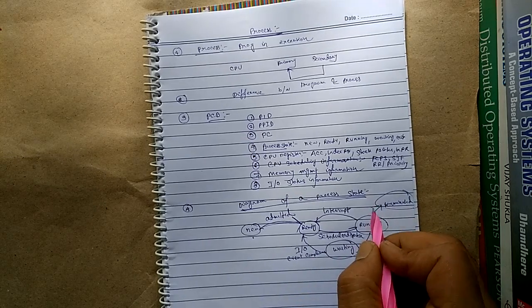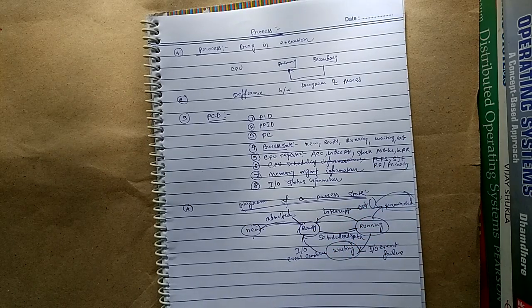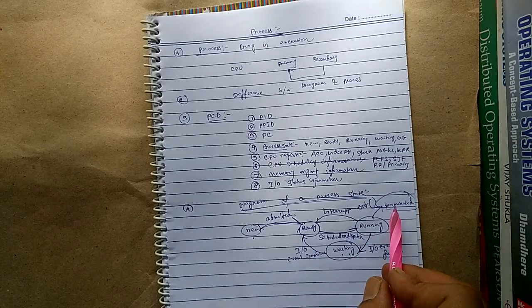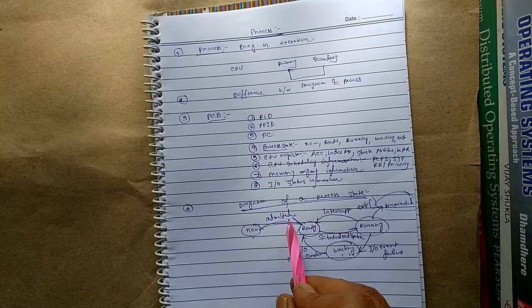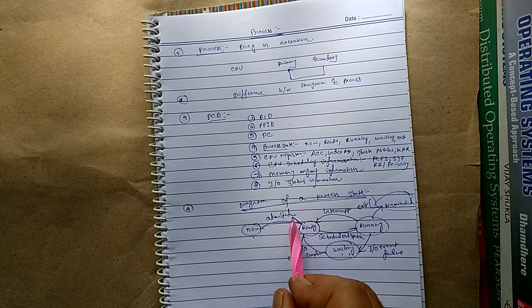And after ready, when the exit system call is performed, then it is called terminated. So, we can conclude that there are 5 stages: new, ready, running, waiting and terminated. And these are the system calls that help the process to change its state. It is the diagram of a process state.